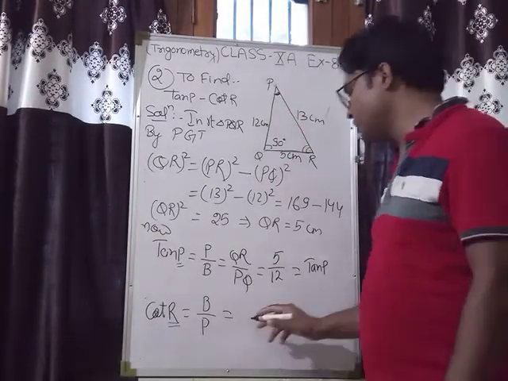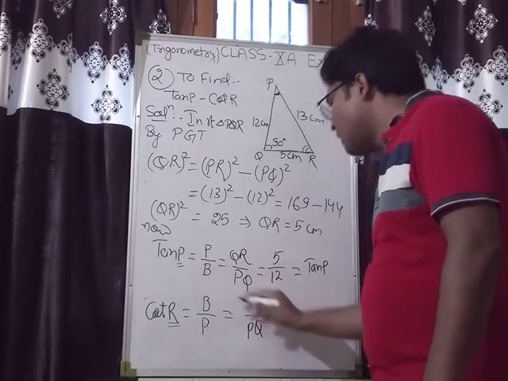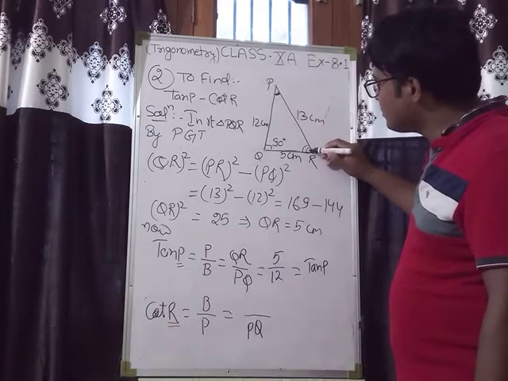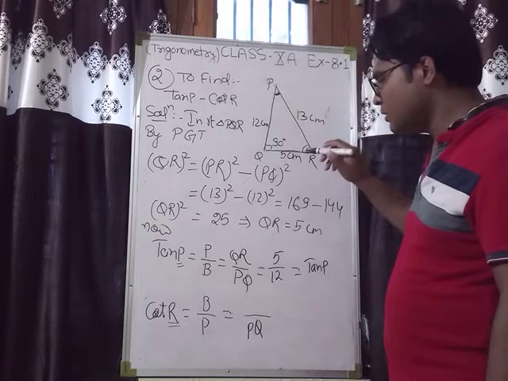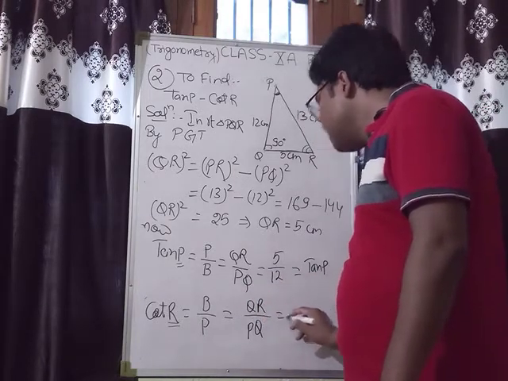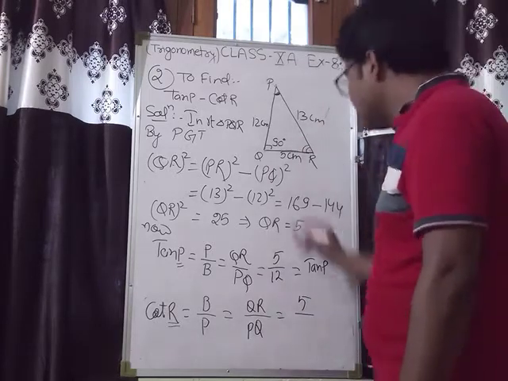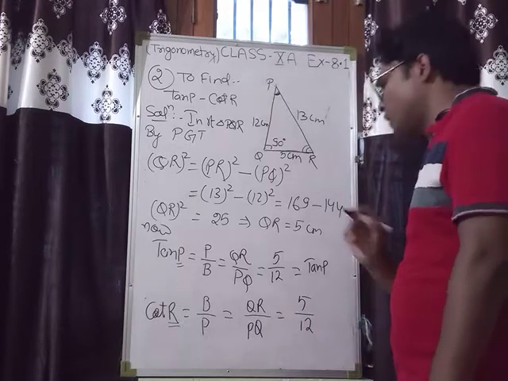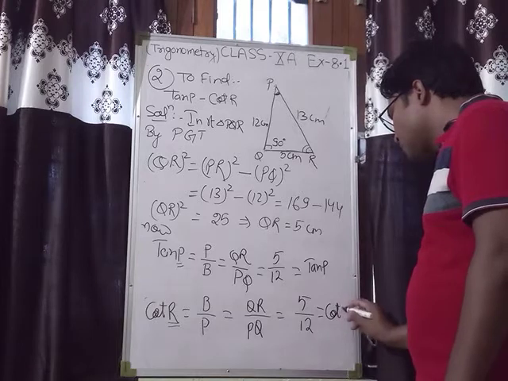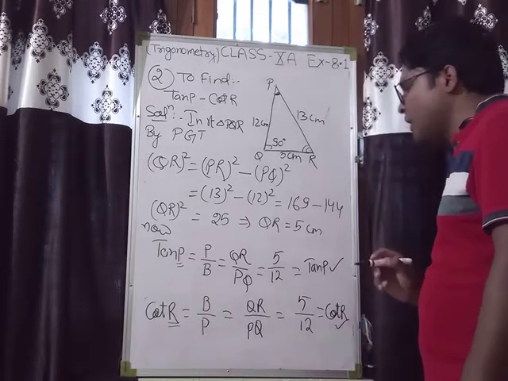And the side related to this angle R, that is QR, will be base. So QR is 5 centimeters upon PQ is 12. That is cot R. So tan P is 5 by 12, and cot R is also 5 by 12.